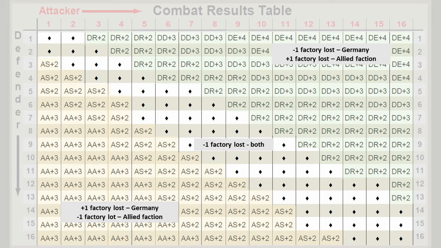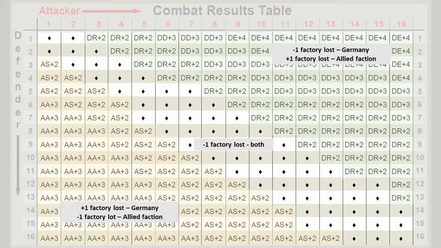There are 3 possible results. If they get a no effect, then both sides reduce their factory lost markers. If a DR, DD or DE result, then the Western or the Soviet power increases their factory lost by 1 and the Axis faction reduces.